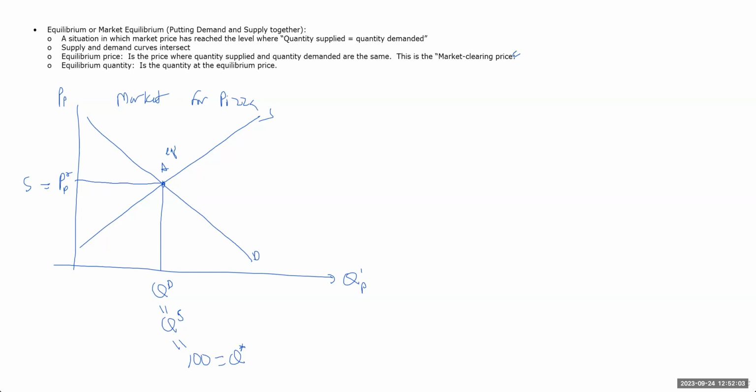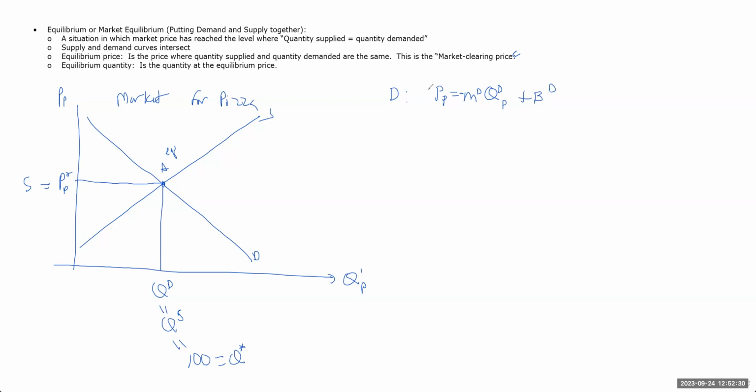Okay, so let's solve for this mathematically. We have demand. The demand curve was P, price of pizza, equals M, let's put D for demand, times Q_D for pizza plus B_D for demand. And remember, this was negative.